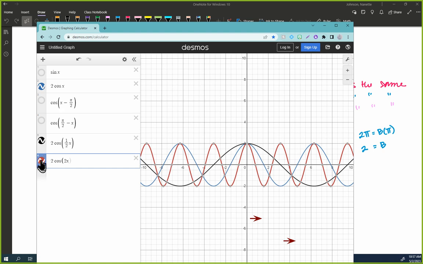So what I want to do is only compare our original function, which they call the parent function. So 2 cosine x, that's our original blue function, compared to our black function, which is our slow function. Do you almost see how I pulled the blue one apart? I pulled it from the ends right here, and that's how I got this black one.